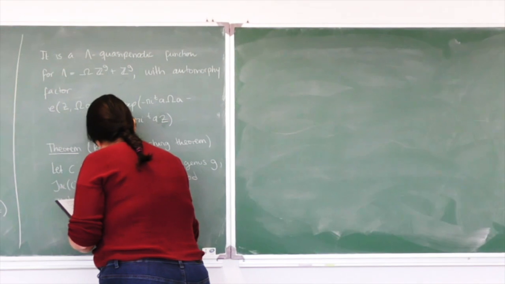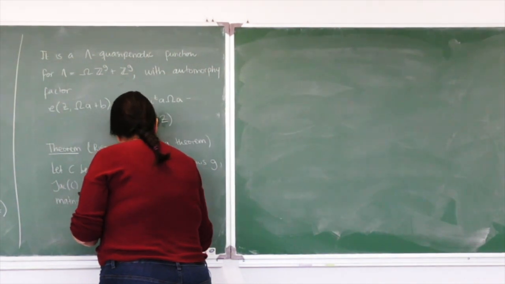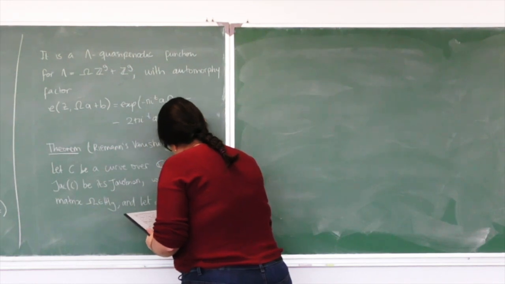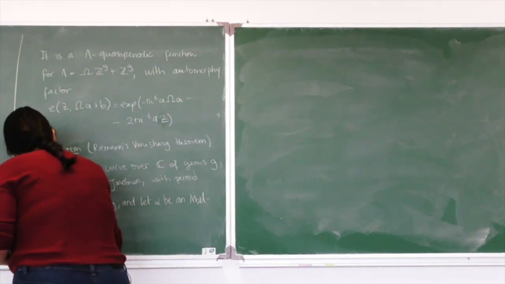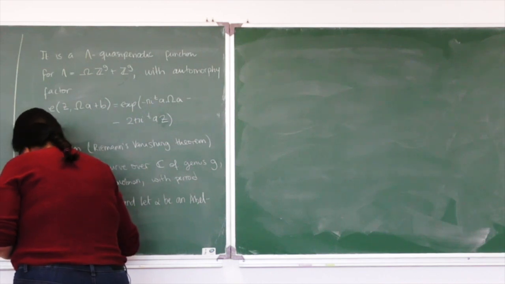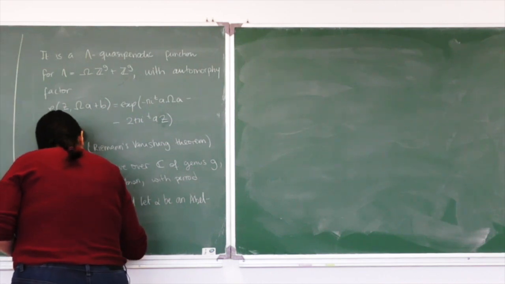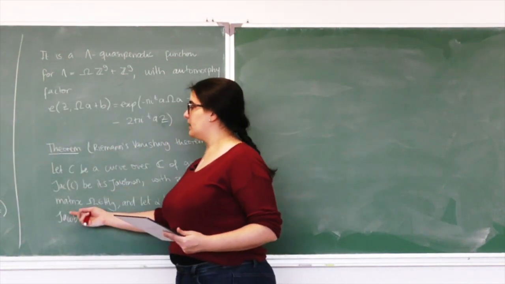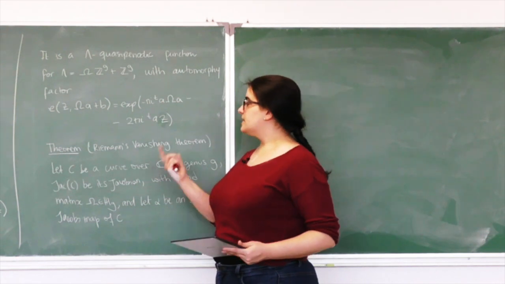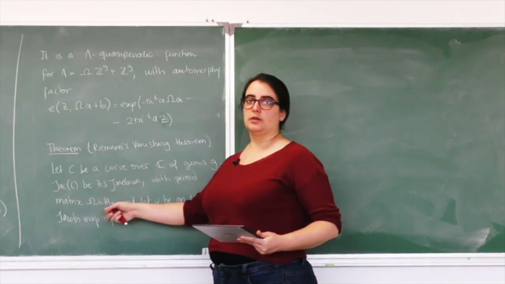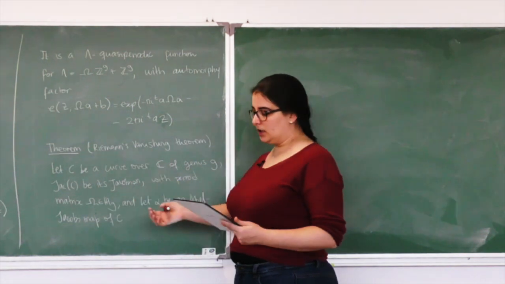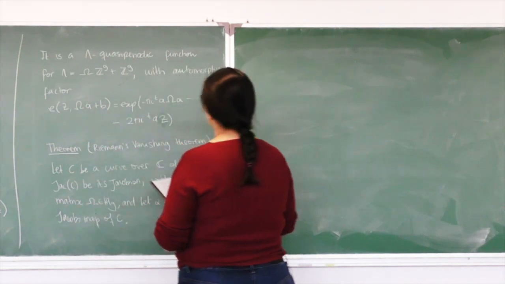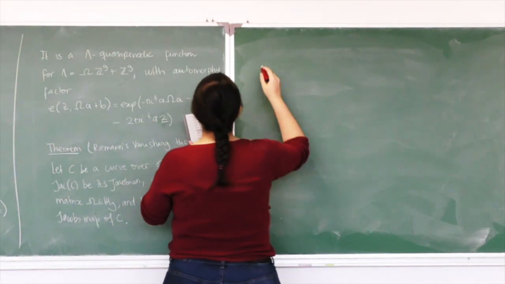And let alpha be an Abel-Jacobi map of C. Again, of course, this choice of an Abel-Jacobi map will depend also on the choice of the base point, the basis that we took to obtain this period matrix omega, etc. So this theorem contains at the same time a definition.